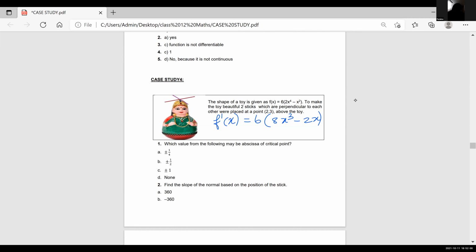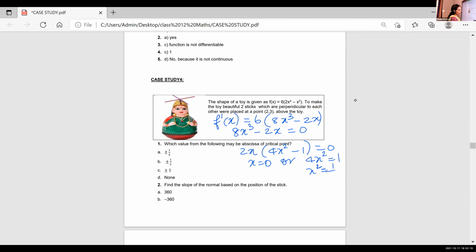F dash of x is 0 means 8x cubed minus 2x is 0. We can take 2x as common. So we'll get 4x square minus 1 is 0. So 2x is 0 or 4x square is equal to 1. So x square is 1 by 4. So x is plus or minus 1 by 2. So the option will be B, because 0 we can neglect it.